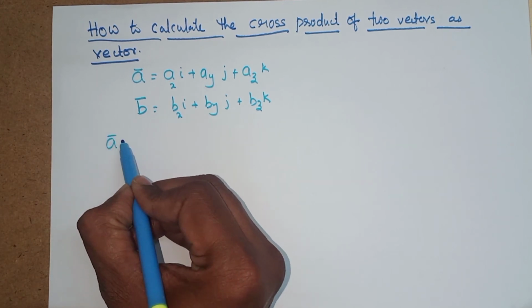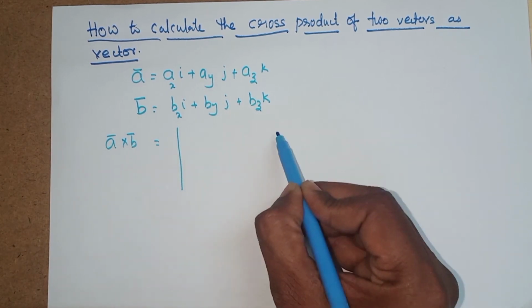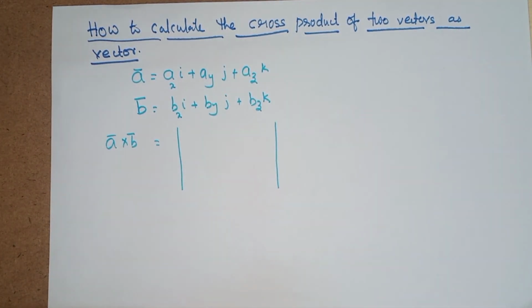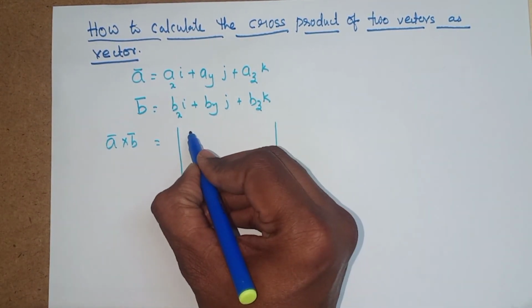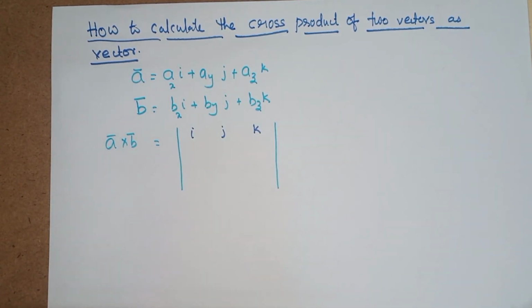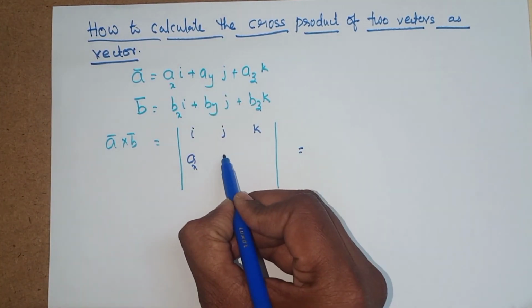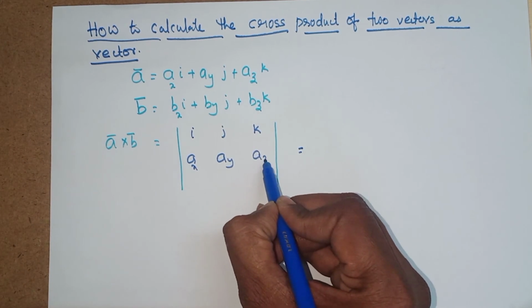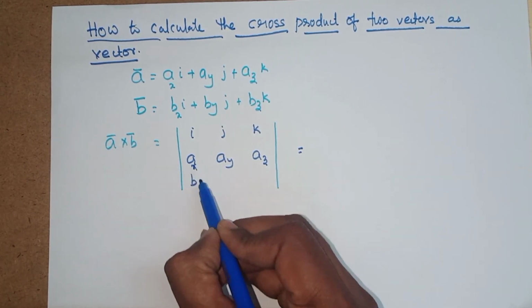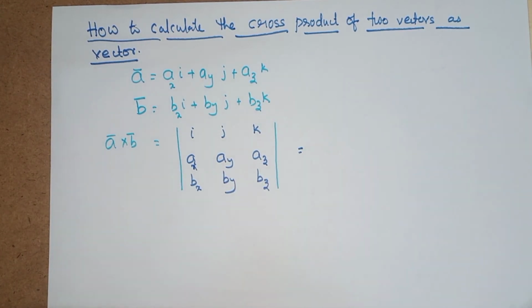Now A cross B. For this, we write a simple matrix form, which is convenient: i, j, k, and similarly the AX component, AY component, AZ component, BX component, BY component, BZ component.